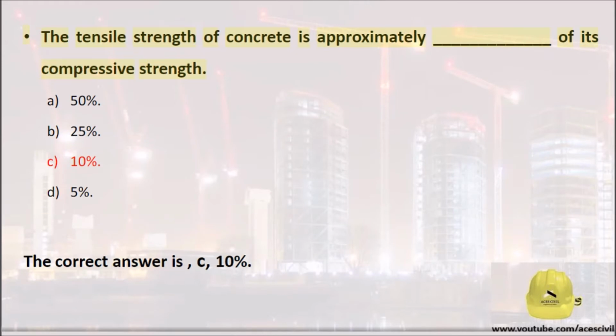The tensile strength of concrete is approximately what percentage of its compressive strength: A. 50%, B. 25%, C. 10%, D. 5%. The correct answer is C. 10%.